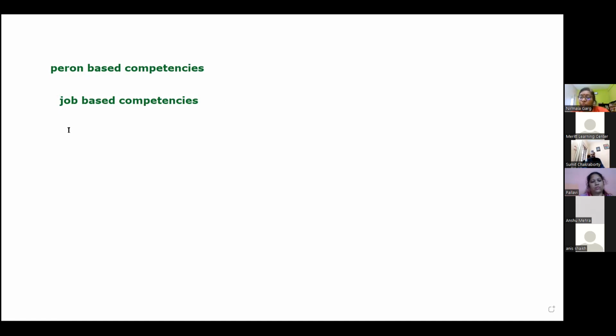That's why I took you through what a competency is. But when we are talking about the jobs and roles in an organization or in a function, we are going to talk about what competencies are required at a role level, at a departmental level, at a unit level, at a functional level.